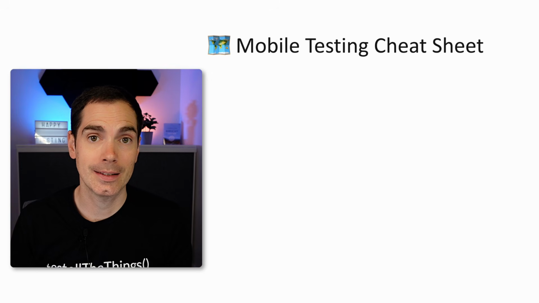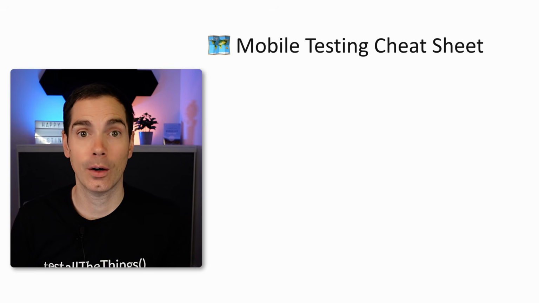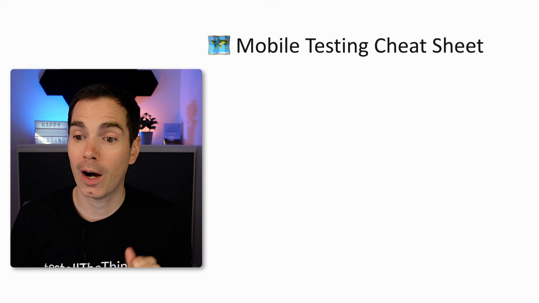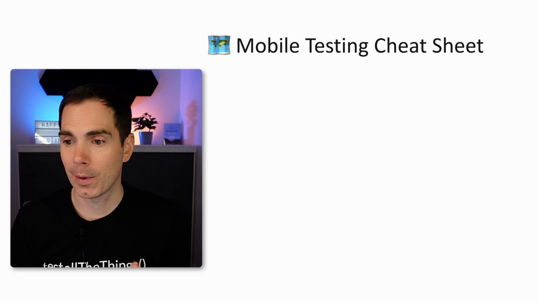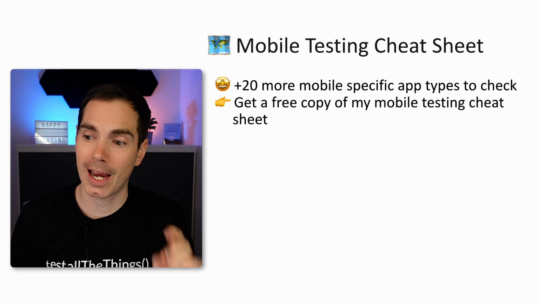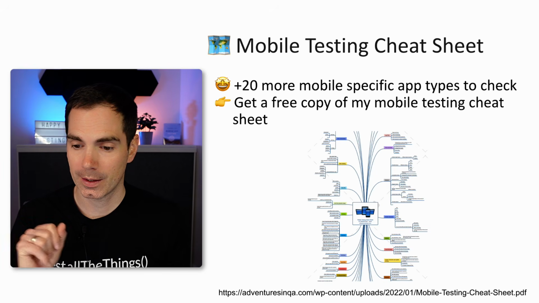And that's basically it. These were 11 testing types for mobile that you can cover, or that you should cover, depending on your use case. And that's what I meant before. I created the mobile testing cheat sheet some years ago, and it has more than 20 specific app types to check. And you can get a free copy of that cheat sheet. That's how it looks.